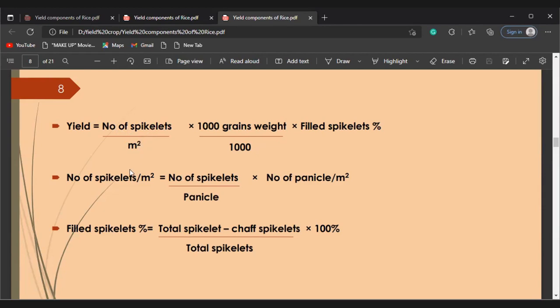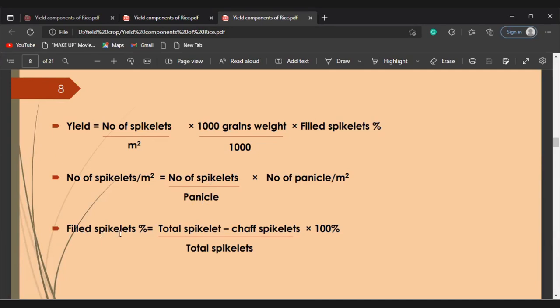For that, there is an equation. The number of spikelets per meter squared equals the number of spikelets per panicle, that is, in one panicle how many spikelets, multiplied by the number of panicles per meter squared. For 1 square meter, how many panicles? We multiply that with the number of spikelets in one panicle.